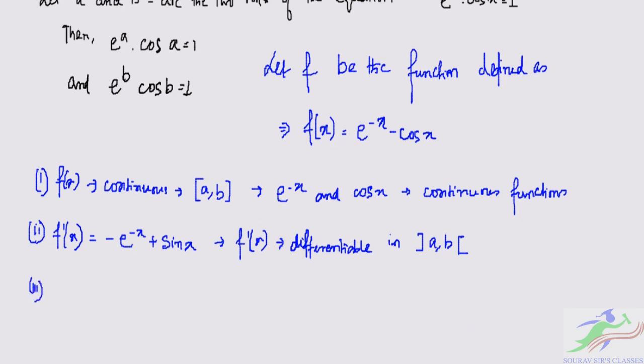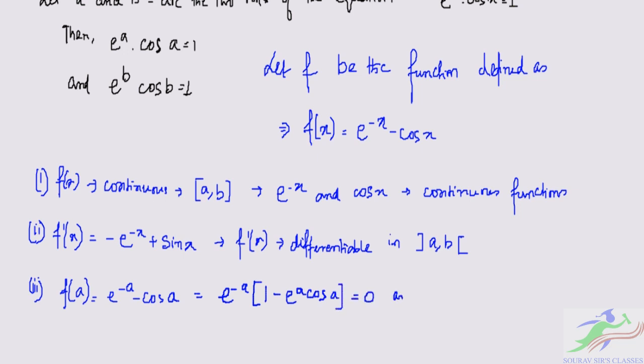Now observation number 3: if we put f of a, it will be e to the power minus a minus cos a. Taking e to the power minus a common, it will be 1 minus e to the power a cos a, equal to 0.